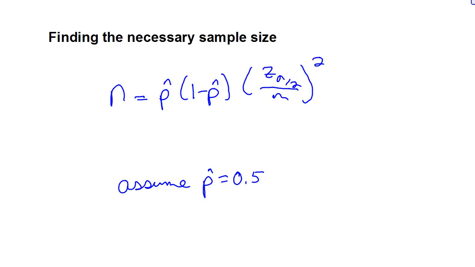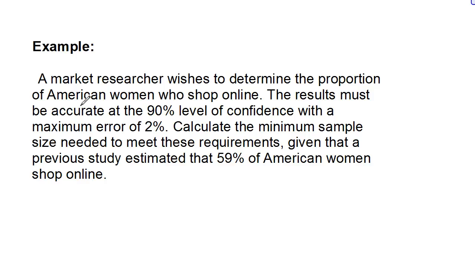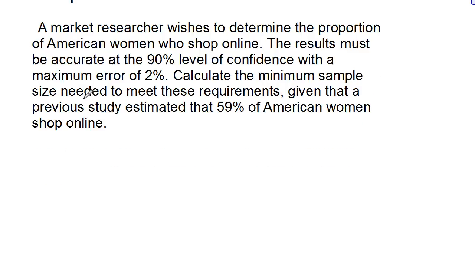So let's look at an example. A market researcher wishes to determine the proportion of American women who shop online. The results must be accurate at the 90% confidence with a margin of error of 2%. Calculate the minimum sample size needed to meet these requirements, given that a previous study estimated that 59% of American women shop online.